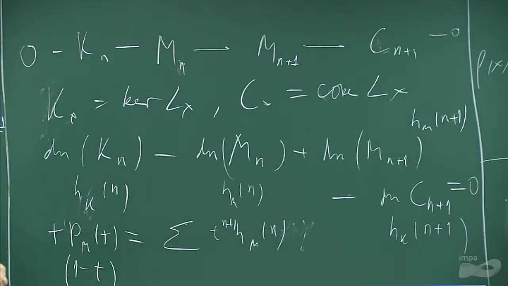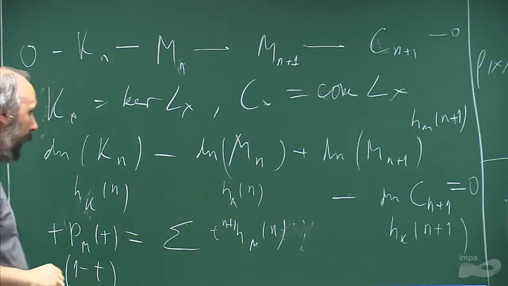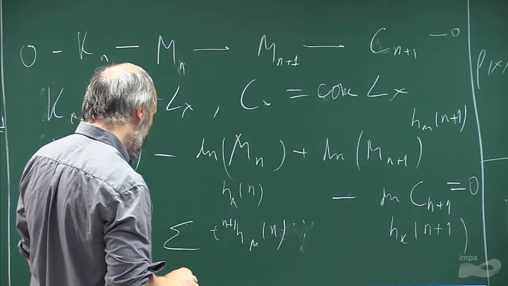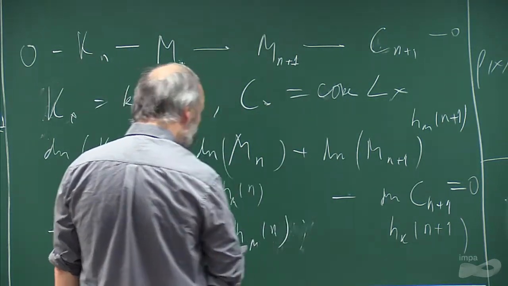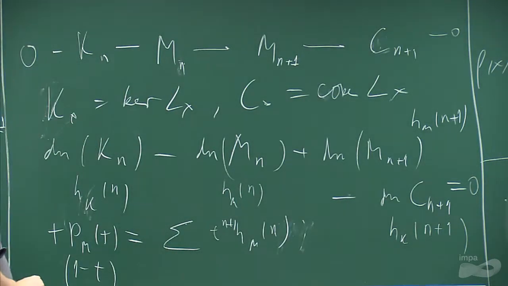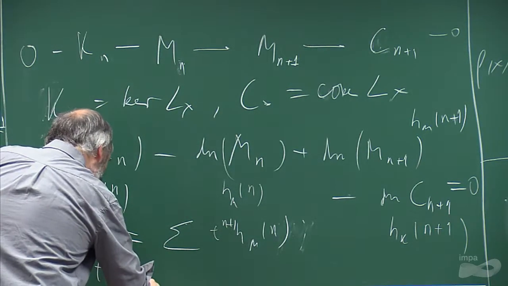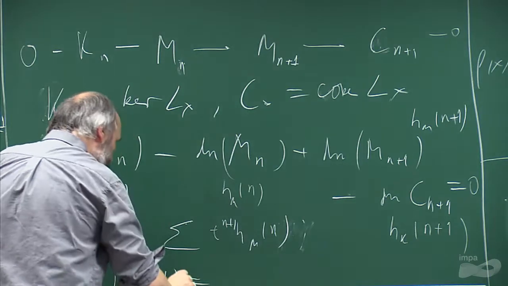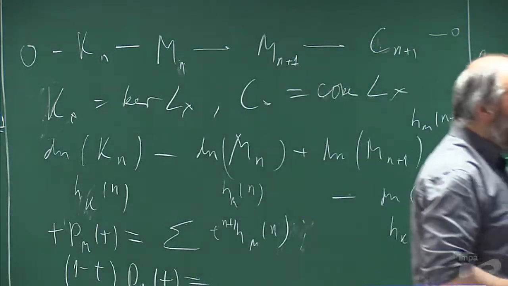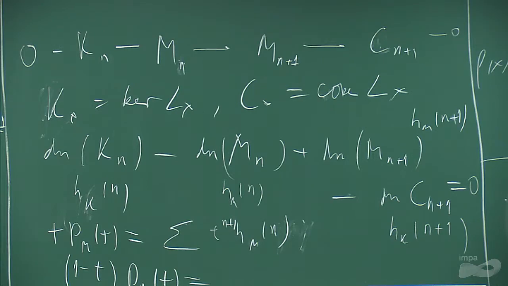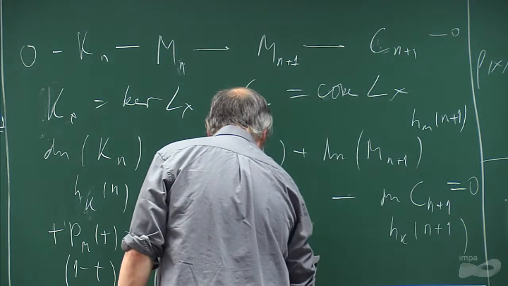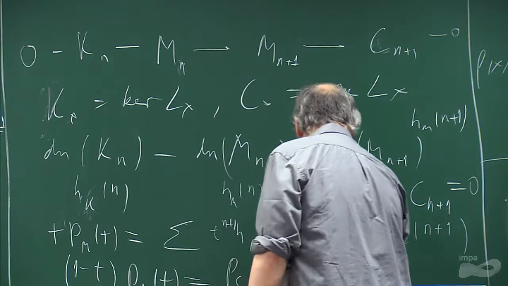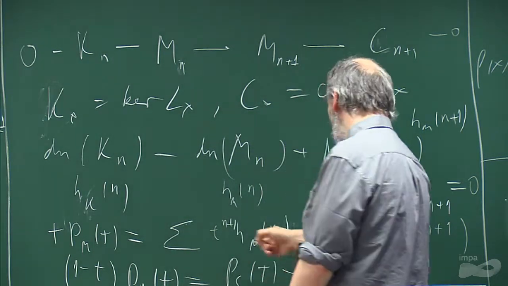Then it becomes even better. Anyway, (1 minus T) P_M(T) is equal to P_C(T) minus T P_K(T). You just use this shift.